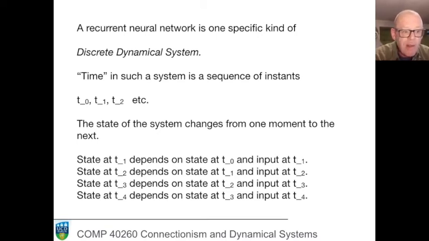Now, the state at time 1 depends on the state at time 0 and the input at time 1. The state of the network at time 2 depends on the state at time 1 and the input at time 2. Because the state at time 1 already depended on the state at time 0, the state at time 2 depends on not only the previous state, but the one before that, and so it goes.